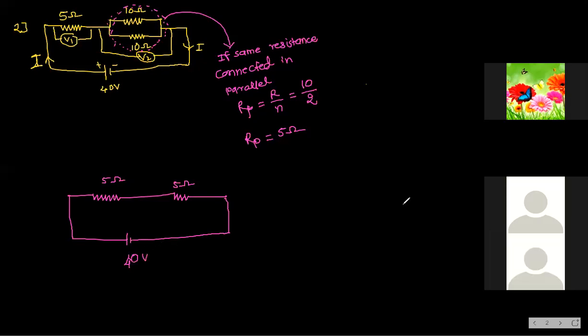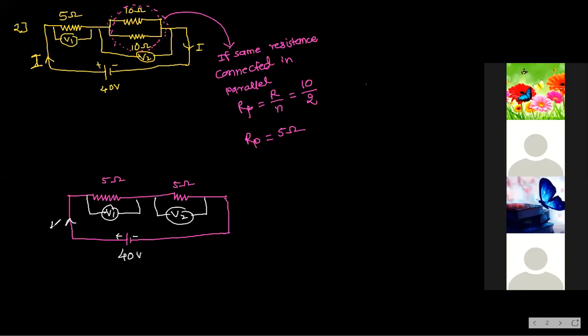V1 equals 20, V2 equals 20. The I value is 4. So, understood how to do it?